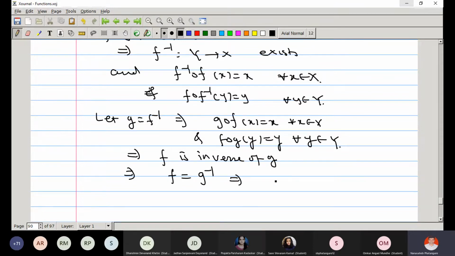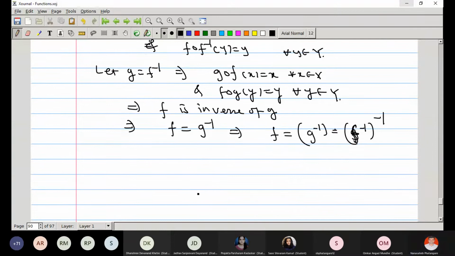But what is g inverse? g itself is f inverse, and its inverse, therefore f is equal to the inverse of f inverse. Correct? Okay.